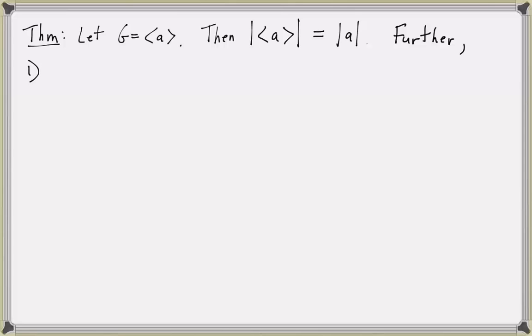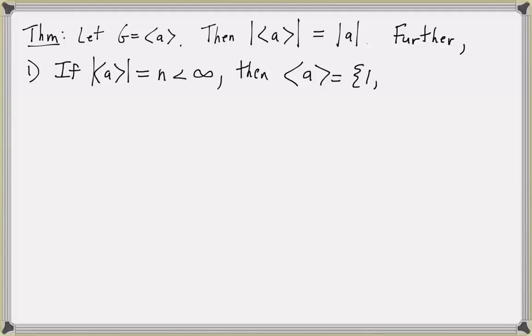One, if this group has a finite order n, then the group equals the set {1, a, a squared, up to a to the n minus 1}.